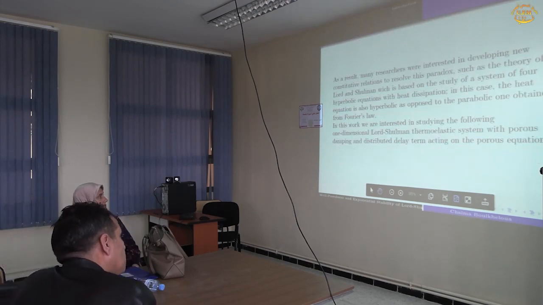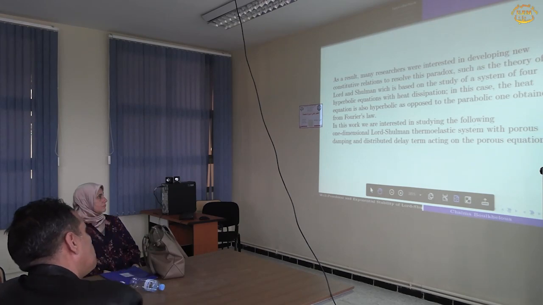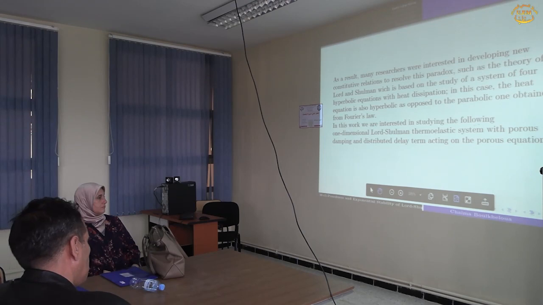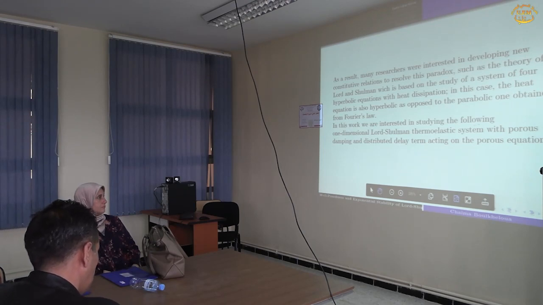As a result, many researchers were interested in developing a new constitutive relation to resolve this paradox, such as the theory of Lord-Shulman, which is based on the study of a system of four hyperbolic equations with heat dissipation. In this case, the heat equation is also hyperbolic, as opposed to the parabolic one obtained from Fourier's law.